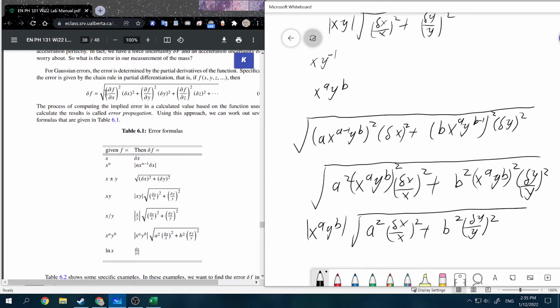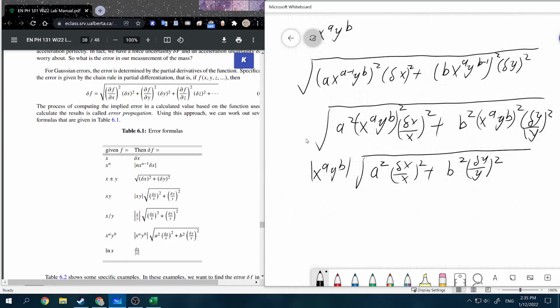You have the δf, apply δx to the f. So this is the first way you do it, which is that you apply the master equation.